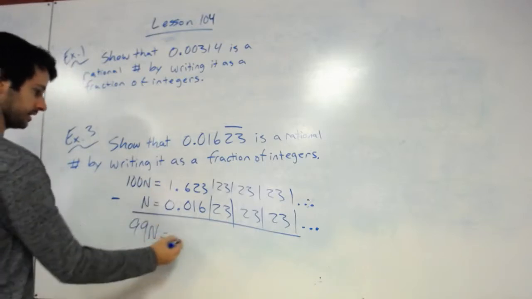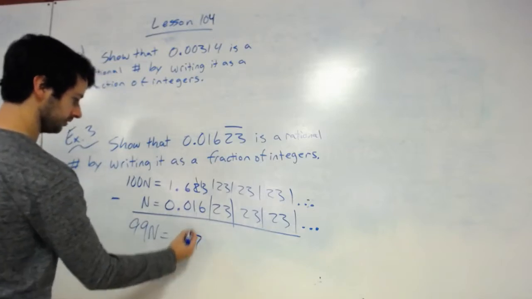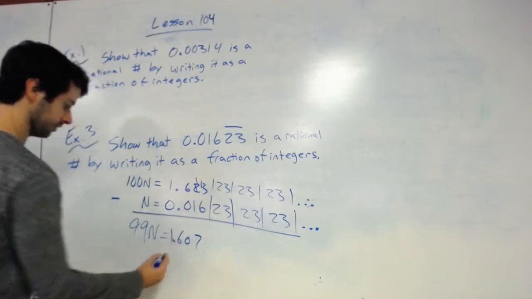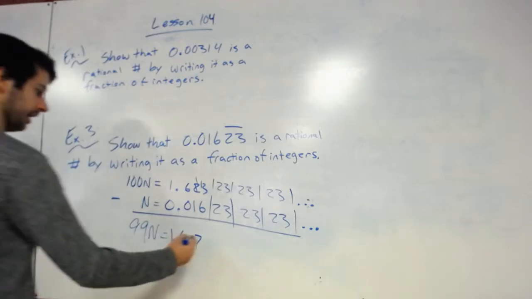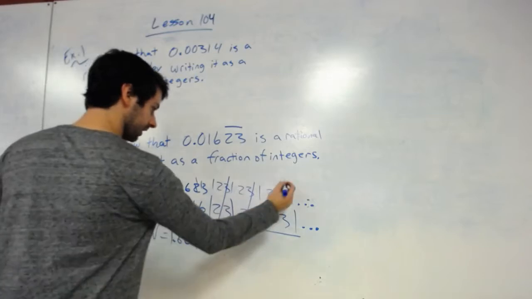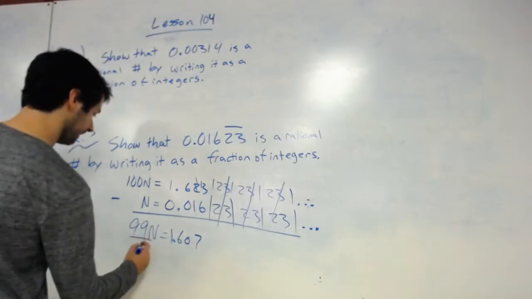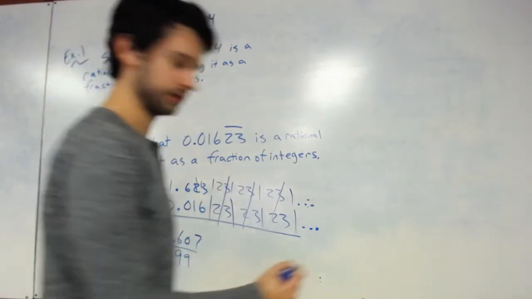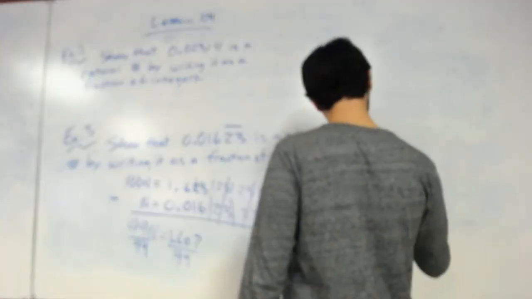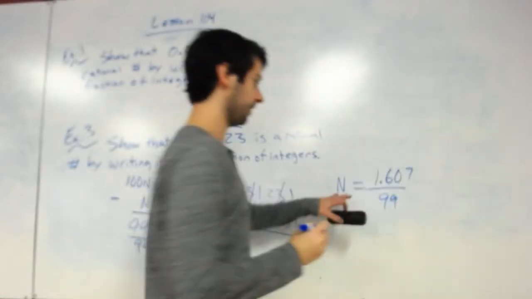When we subtract here, we would get 1.607, and all these other digits would cancel to be 0. So now I want to divide by 99. I'm going to rewrite this over here. Now I'm at 1.607 over 99. So we've solved for n, and we're close.